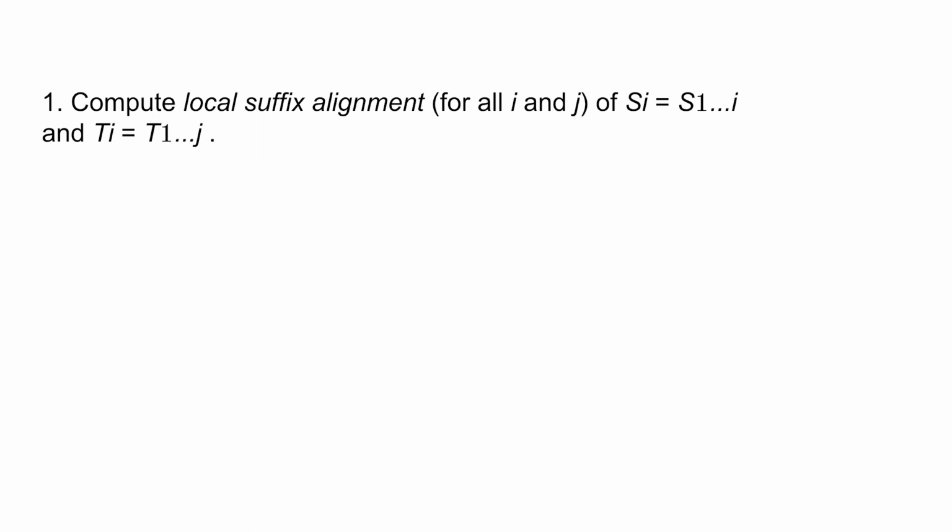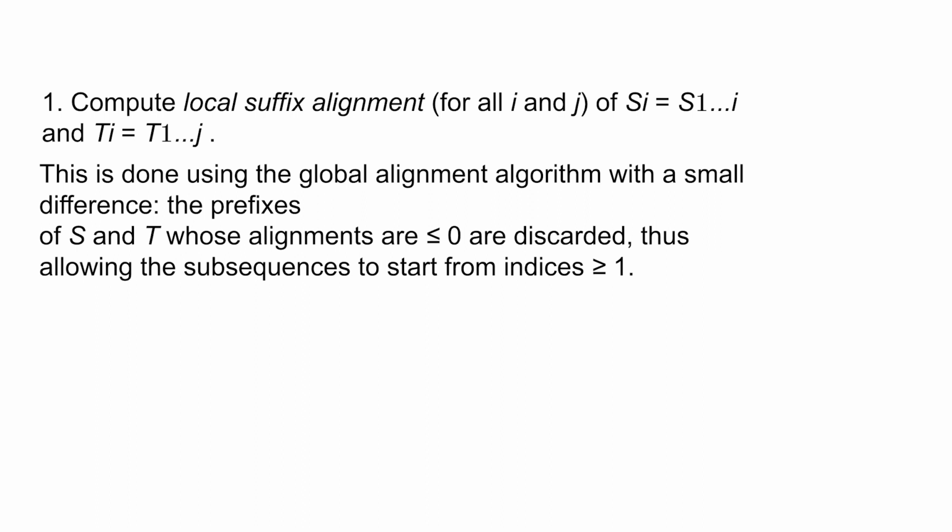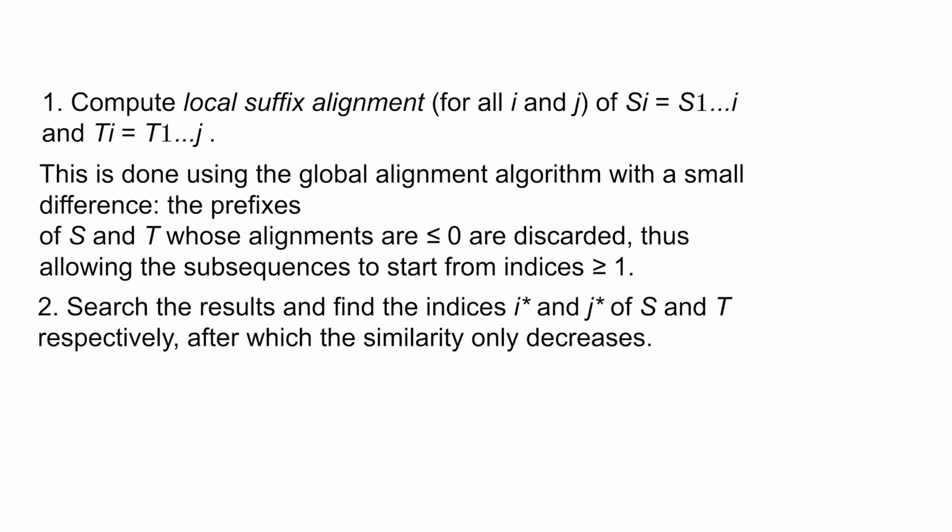This is done using the same procedure as we have seen in the global alignment: initialization, recursive and trace backing. Second, search the results and find the indices i star and j star of source and target respectively, after which the similarity only decreases.